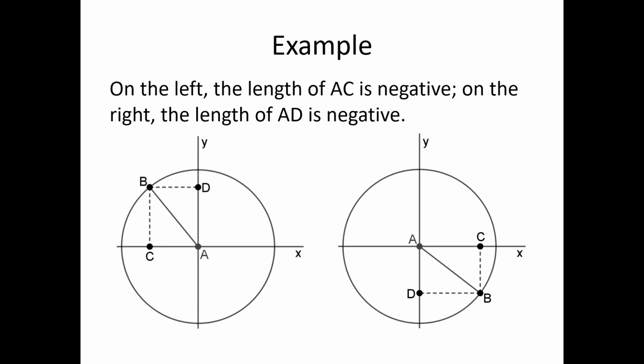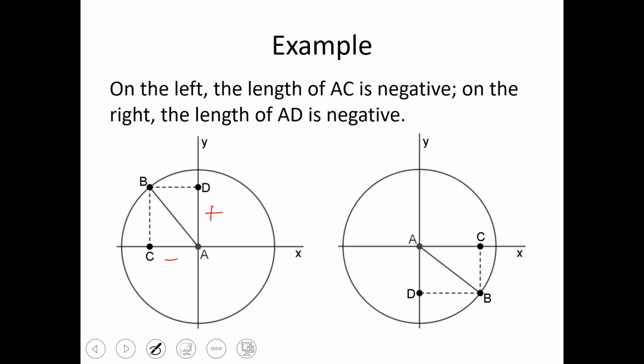So we will say that that is negative. So I'll put a negative symbol there, which is a terrible negative symbol. So how about a better one? So that's a negative from A to C because it's directed left. A up to D, well, it's up. That's still positive as it was before.